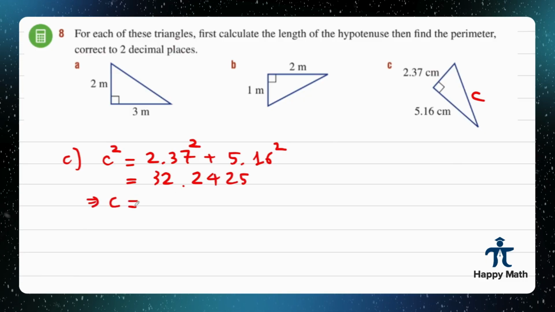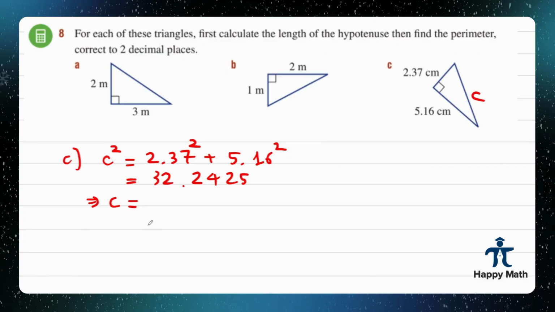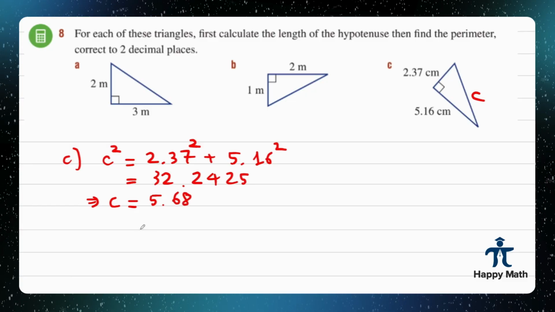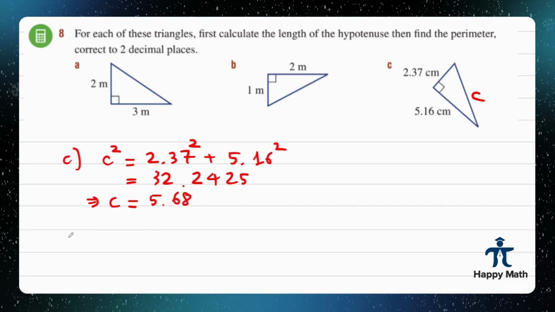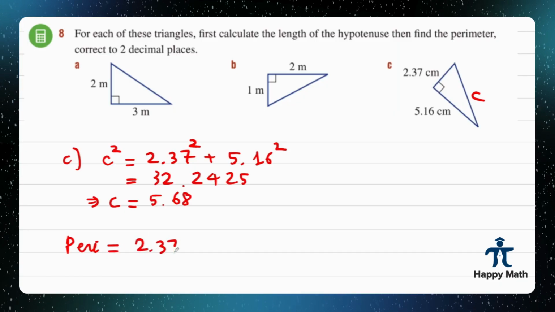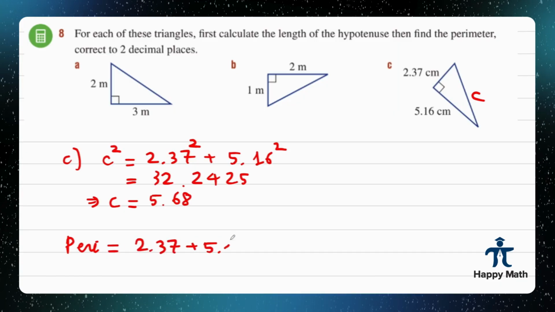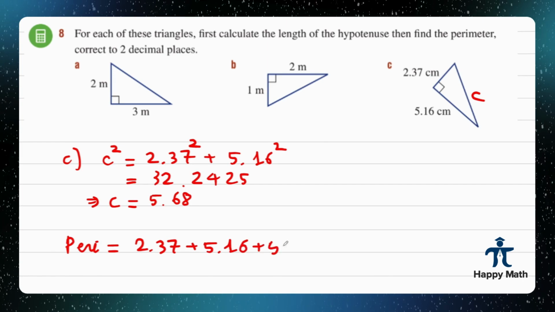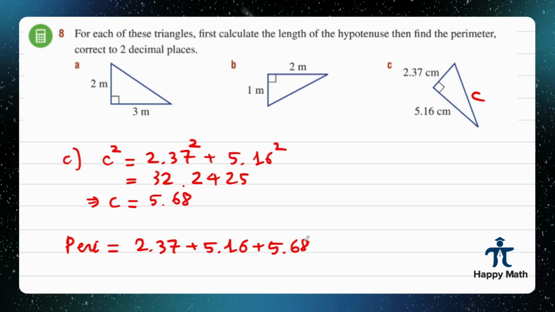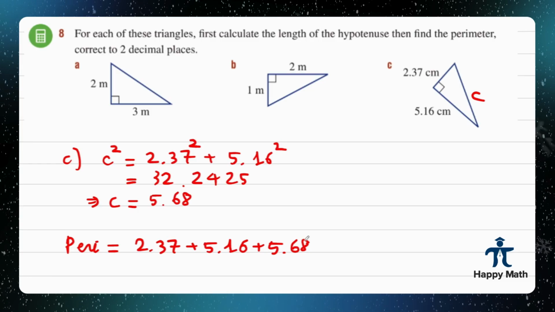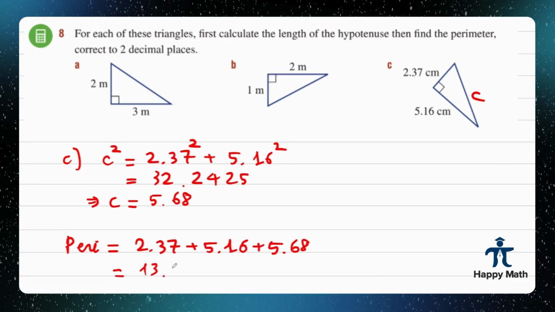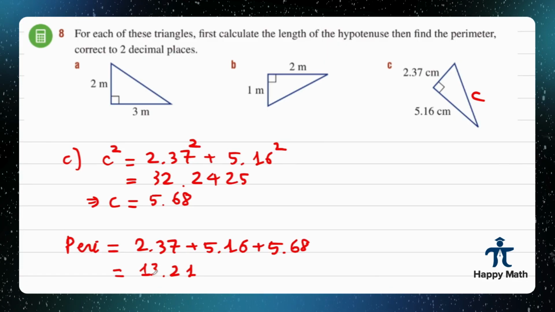And C will be the square root of this, 5.68. Now for the perimeter, this is 2.37 plus 5.16 plus 5.68. And we get 13.21.